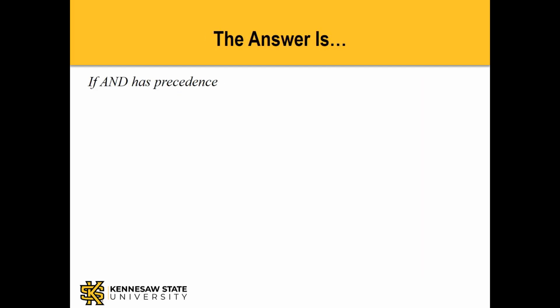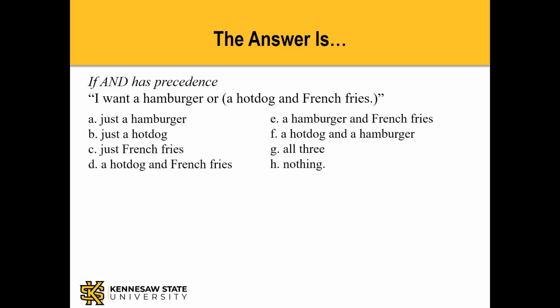What would the answer be in that case? Time for another pause. We're back from our pause. If and has precedence, that's the first one, we'd put our parentheses around the part of the phrase that has an and in it, a hamburger or a hot dog and French fries. And if we look at our answers, the logician would get just a hamburger or he'd get a hot dog and French fries. Now, what our logician probably really wanted was some kind of mystery meat and some potatoes that were fried in grease.